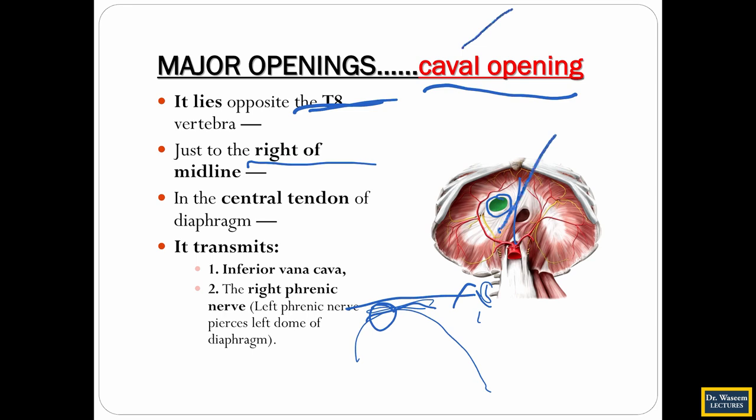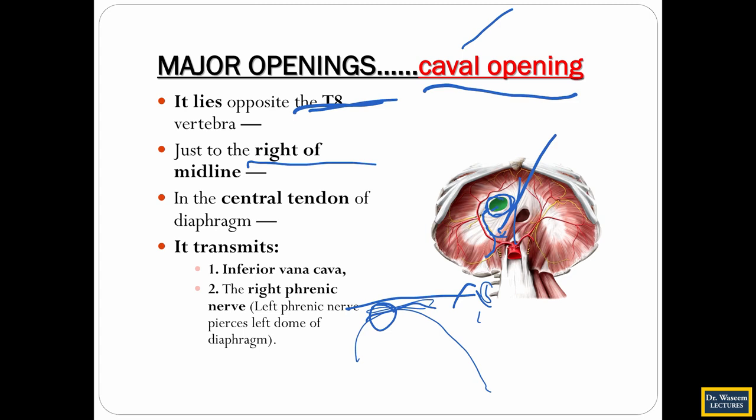So the inferior vena cava, and not just the inferior vena cava, one more minor structure is also passing here: the right phrenic nerve. The major structure gives the name to the orifice because of the inferior vena cava, but simultaneously one more structure passes, the right phrenic nerve.